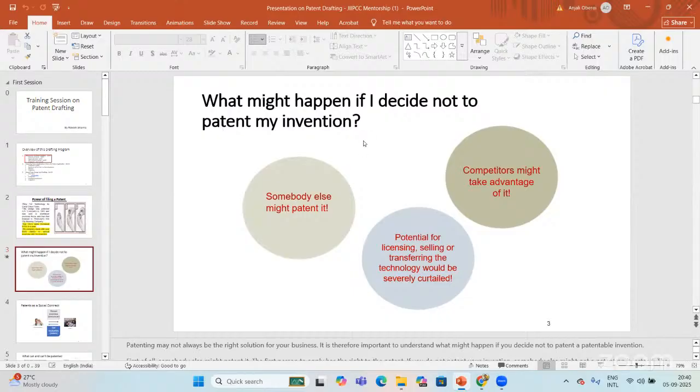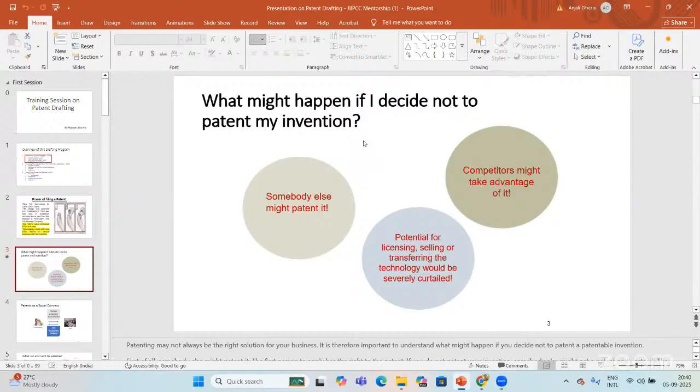This is exactly similar to a property where you are residing, but you are not getting the documents done that you are the owner of that property. Maybe someday somebody else might come and say that you are just living there, but they are the actual owner. What will happen?